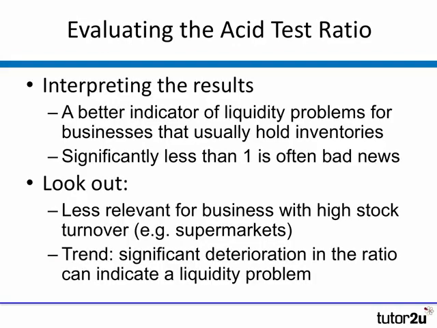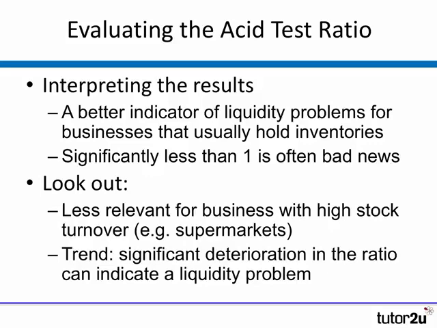Well, I guess the same comments as we made a few minutes ago are also true, that you've got to understand what type of business you're looking at. For some, taking inventories out of current assets has a very significant impact on the acid test ratio. But for service businesses, almost no impact, because very few service businesses hold a lot of stock.